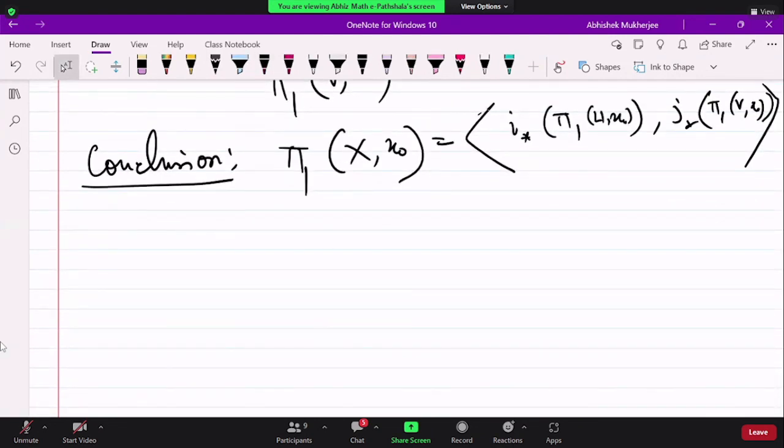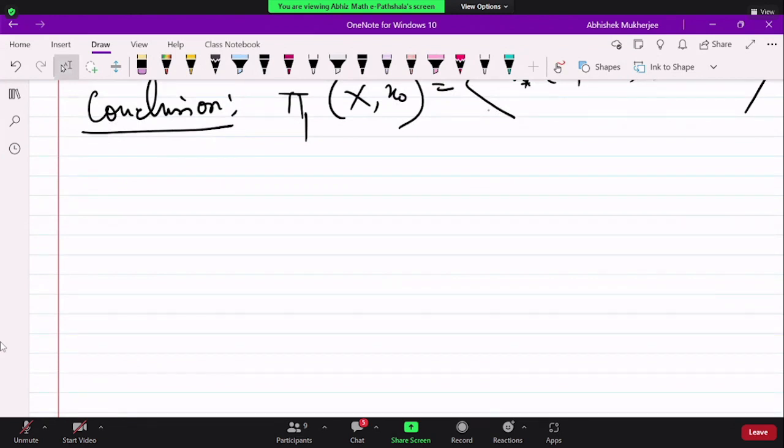But we will see it in this way, what you need to prove. You need to represent any member of this fundamental group.